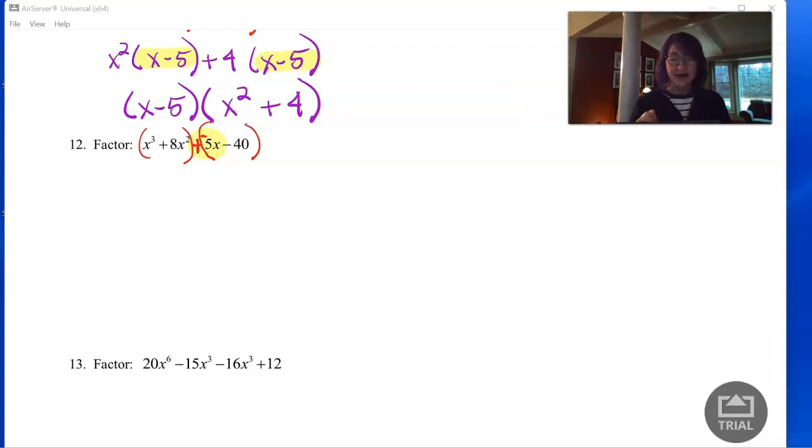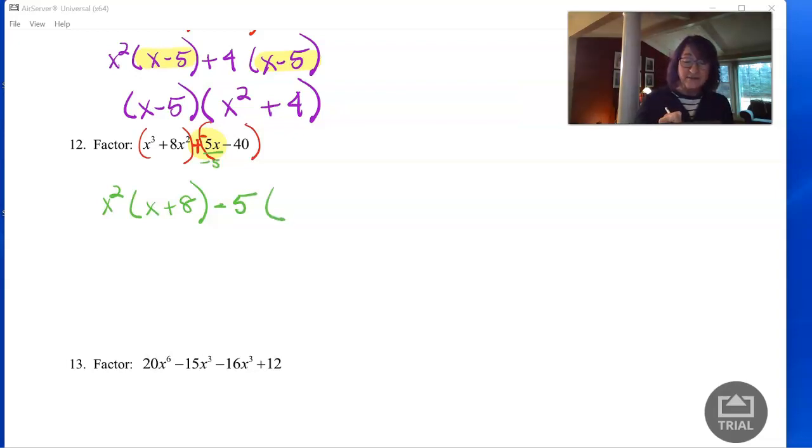Now I can go ahead and factor out from my first pair. So that's going to be x squared, x plus 8. Out of that second pair, I see that my leading coefficient is negative. That's a negative 5. So that means my GCF is going to be negative. In this case, it actually is a negative 5.